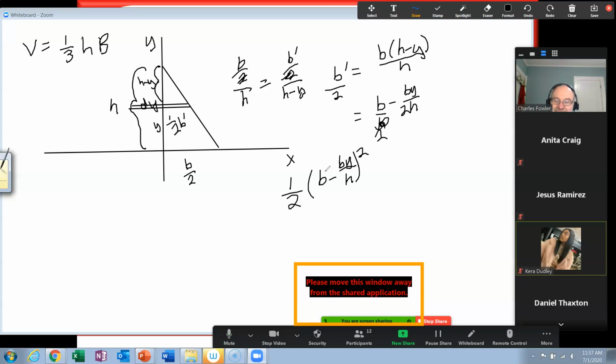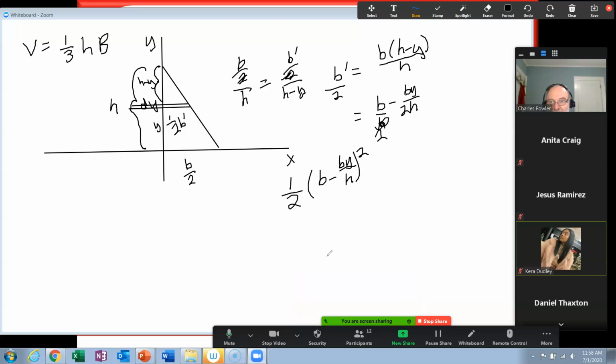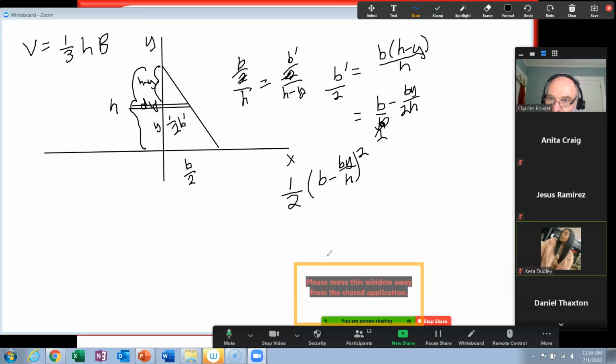Now that gives you the slice that's going up from 0 to h. The y is going from 0 to h. Now, we're going to double this because that's just half of that pyramid. The other half's on the other side, so that takes care of the 1/2.